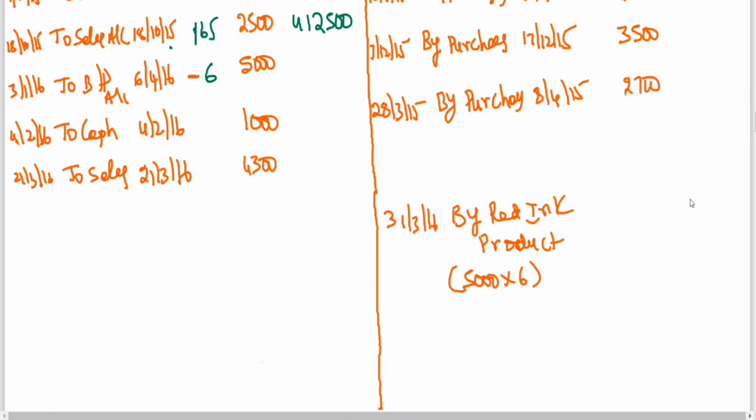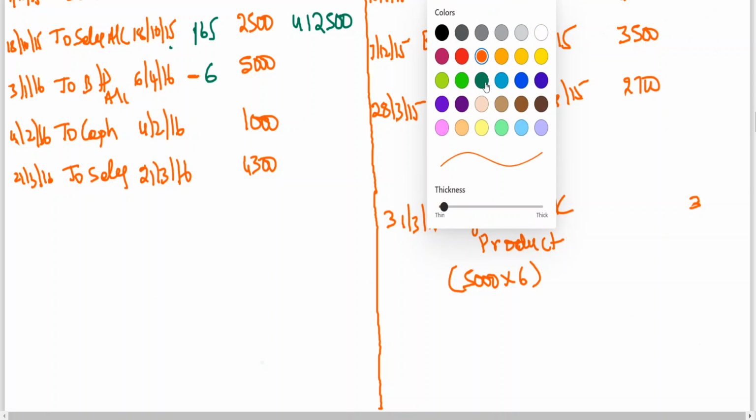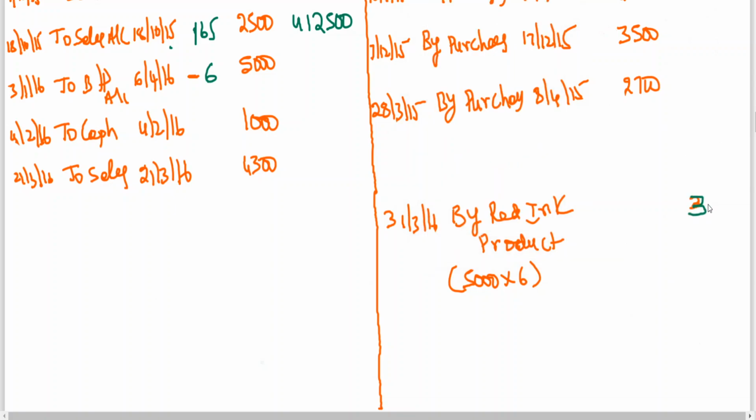You can write it here on the credit side. The negative product of the debit side will be written on the credit side. The negative product of the credit side will be written on the debit side, calling it red ink product.